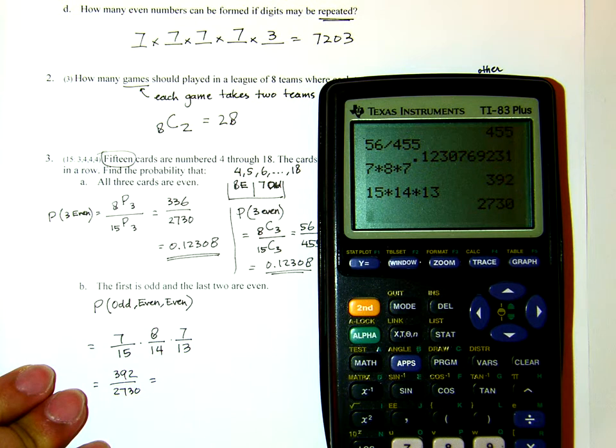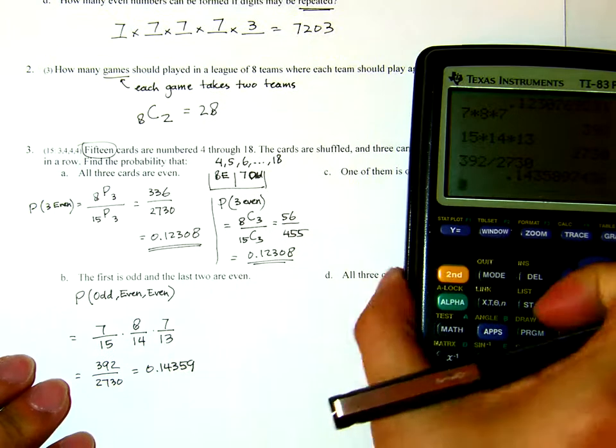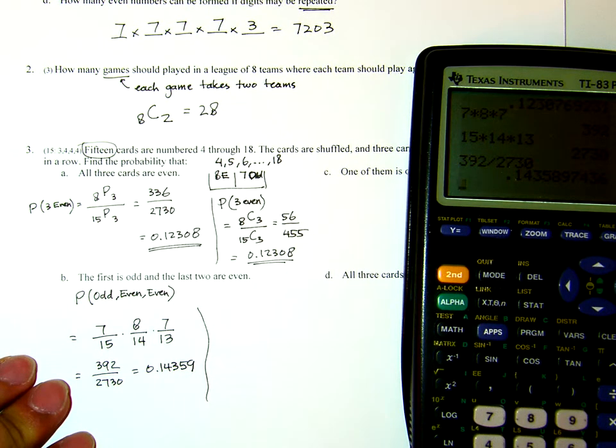And if I make it into decimal, 392 divided by 2730, that will be 0.14359. That's the probability.